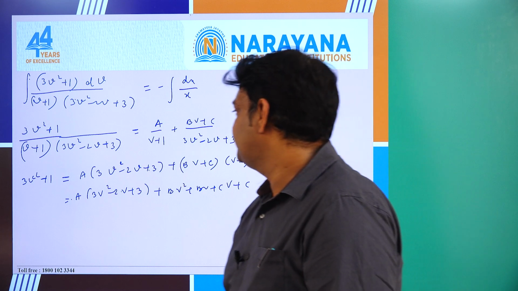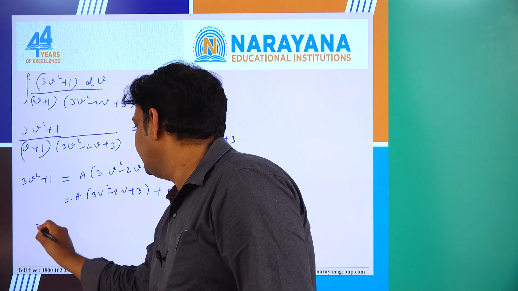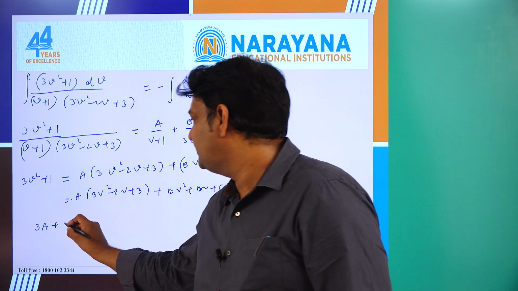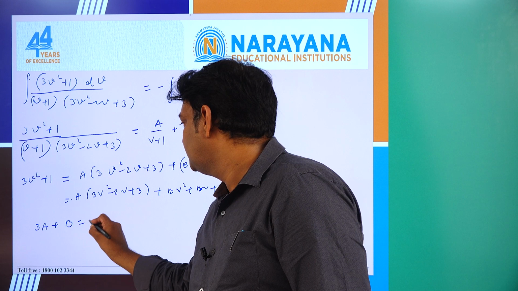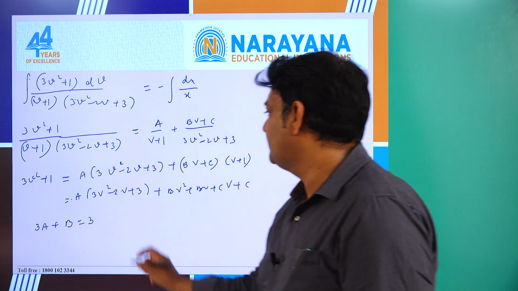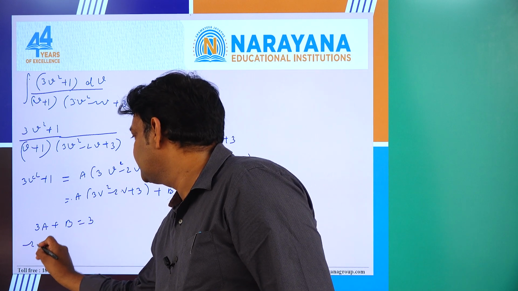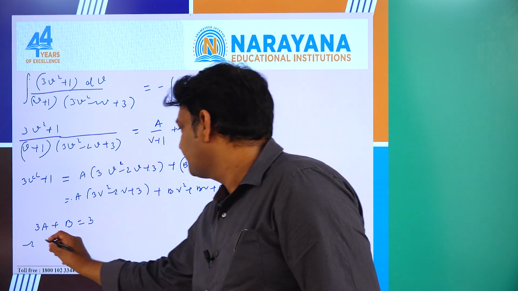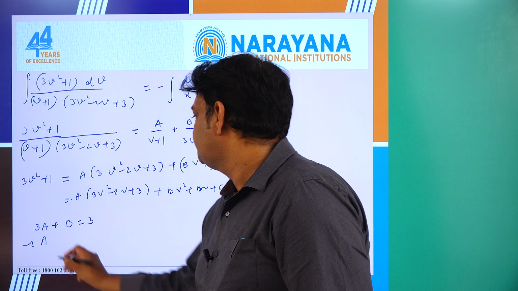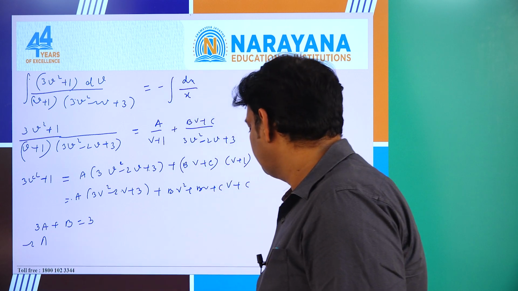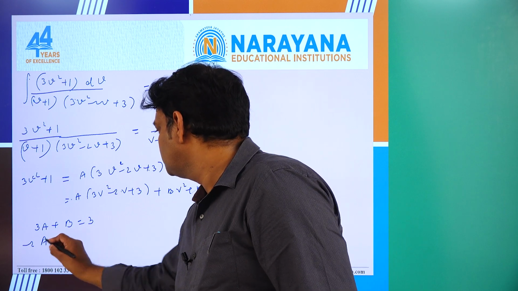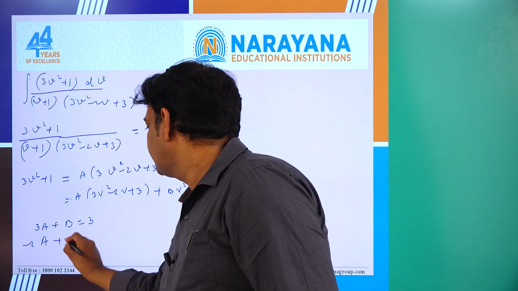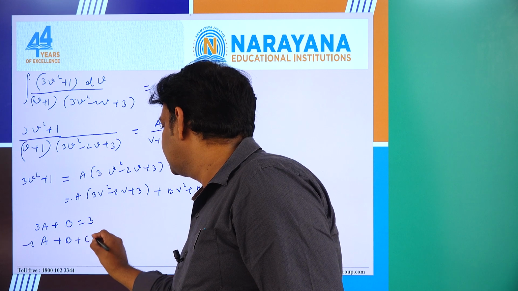So what is the coefficient of v square? 3a plus b. How much? 3. And then the v coefficient: minus 2a plus b plus c.